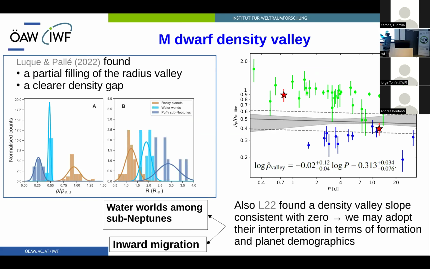Here on the left-hand side, I summarize the work that I just mentioned from 2022. They started talking about, rather than a radius valley, a density valley.